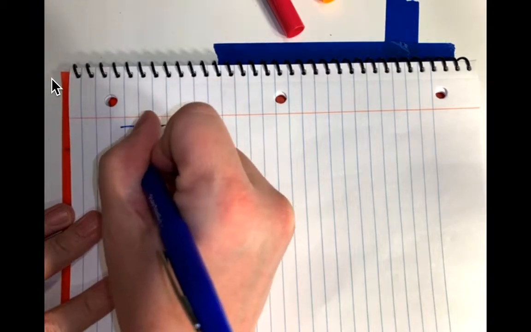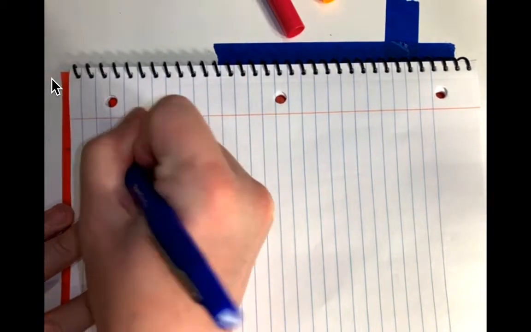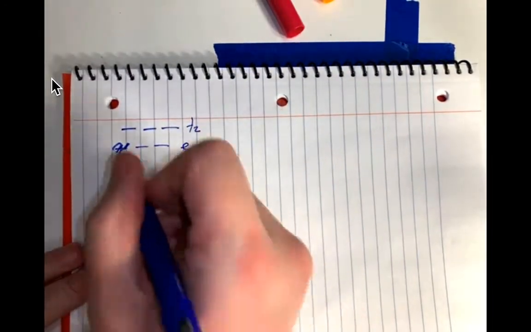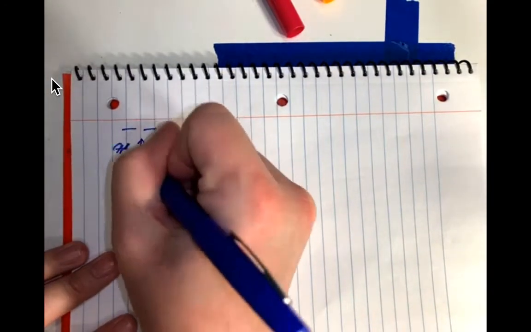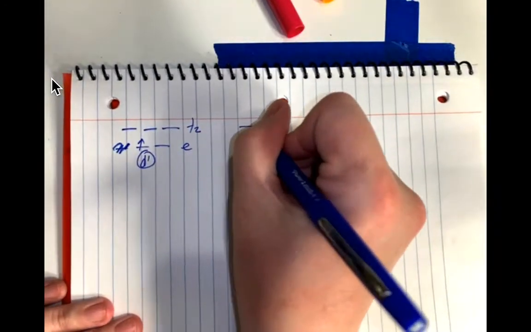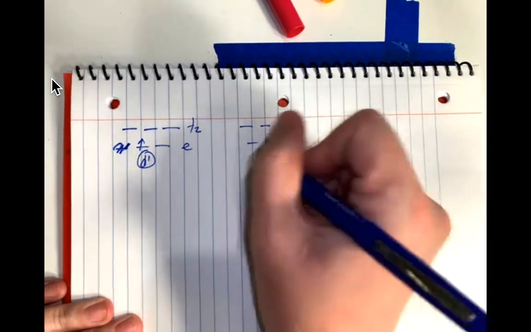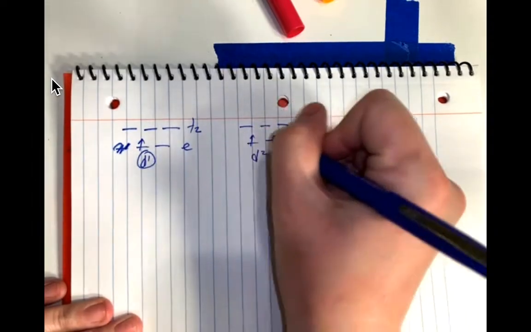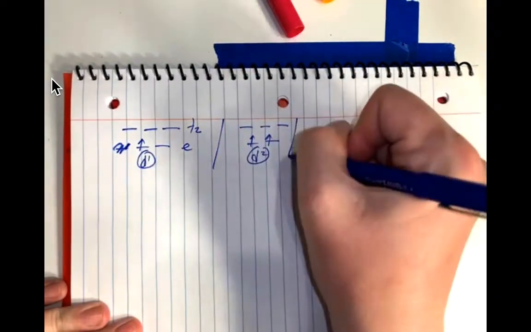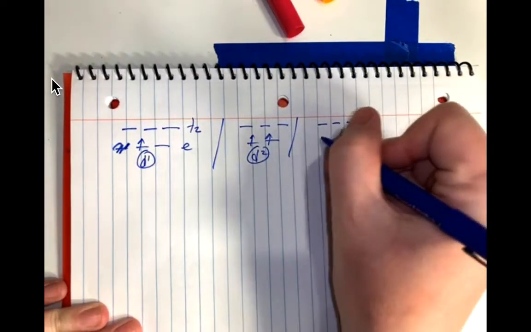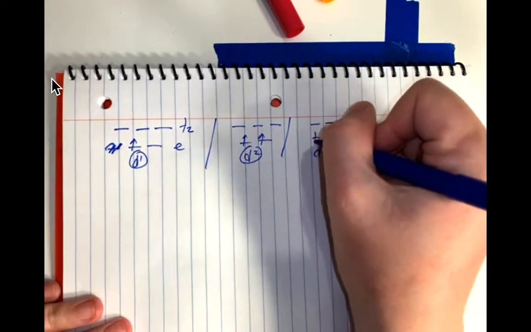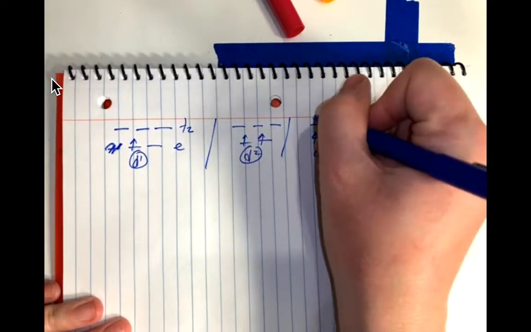Okay, so t2 and e, and this would be a d1 electron configuration, one in the bottom. d2, we go up, up. d3, now we don't do any pairing for tetrahedral, so we go up, up, up.